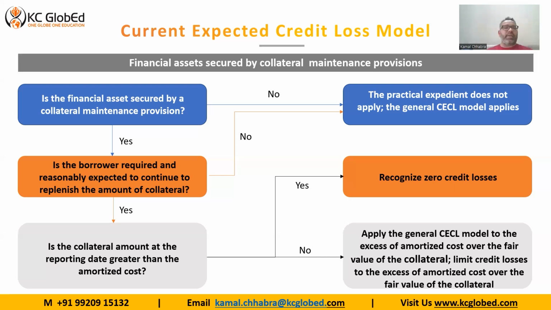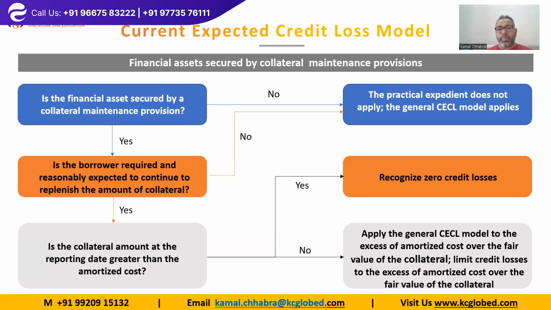the first point says, is the financial asset secured by a collateral maintenance provision? If the response is no, then the practical expedient does not apply and the CECL model will apply. That means you do not have sufficient collateral assets. For that, you need to apply the CECL model, right?